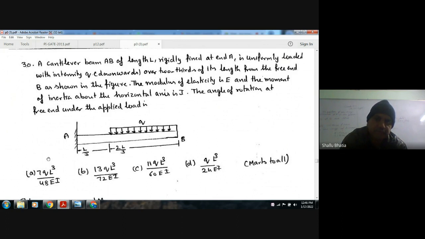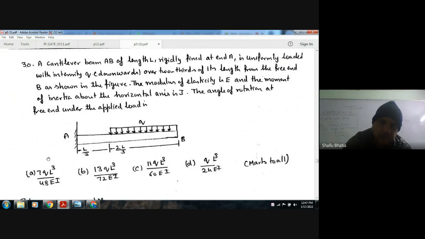The modulus of elasticity is E and the moment of inertia about the horizontal axis is I. The angle of rotation at the free end under the applied load is: options are A 7 QL cube by 40, B 13 QL cube by 72, C 11 QL cube by 60, D QL cube by 24.